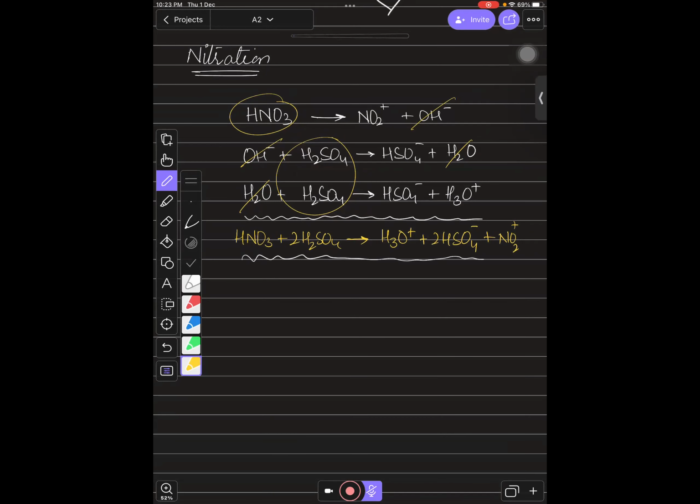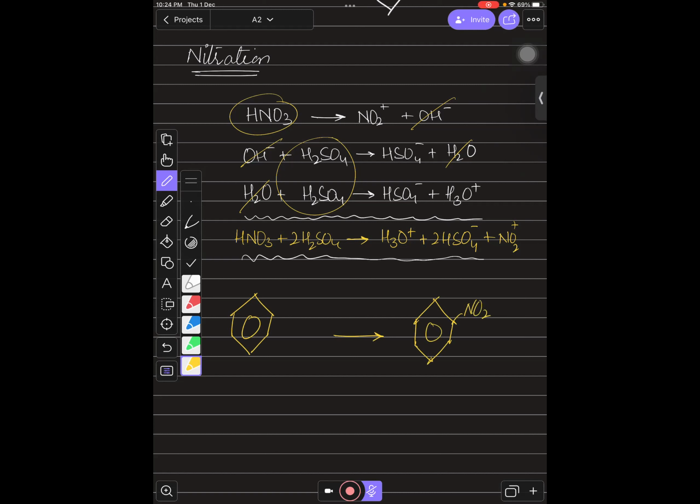वो mechanism ऊपर मैंने सिर्फ आपको समझाने के लिए दिखाया है कि चल क्या रहा है वहाँ पर. Actually, we are using a mixture of concentrated nitric acid and sulfuric acid for the nitration of benzene. If you want to put the nitro functional group, NO2, on this benzene ring, ठीक है ना?